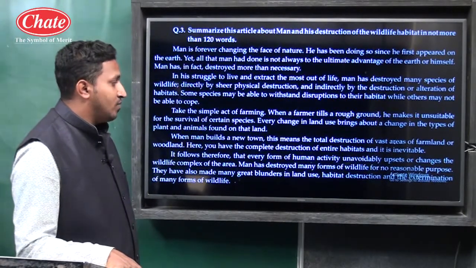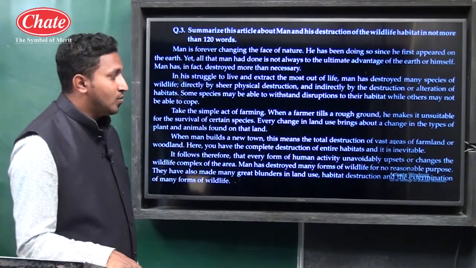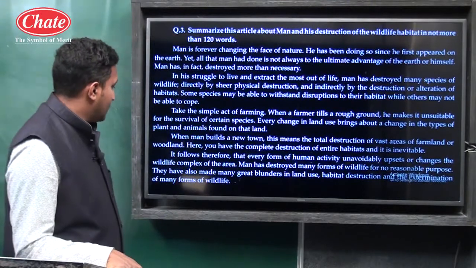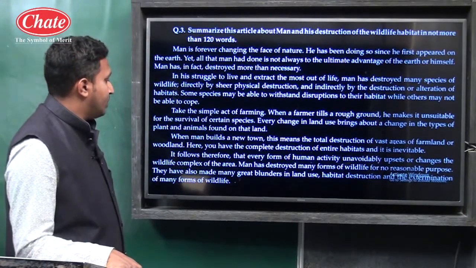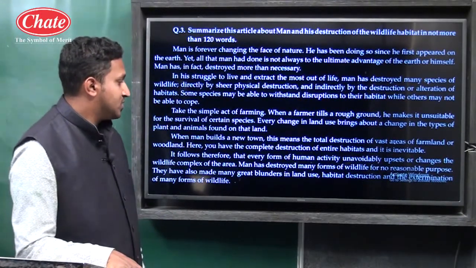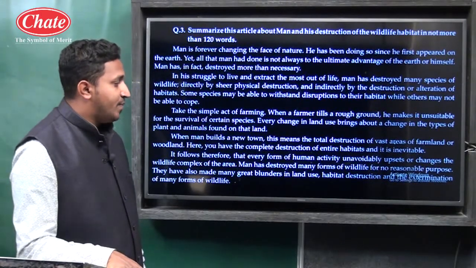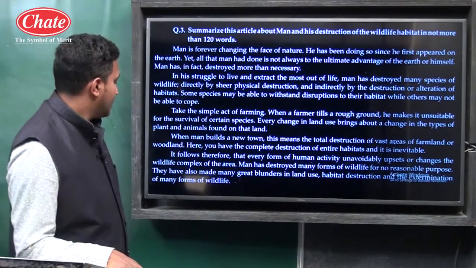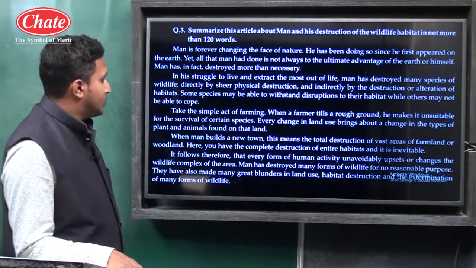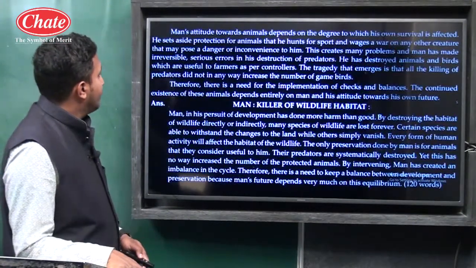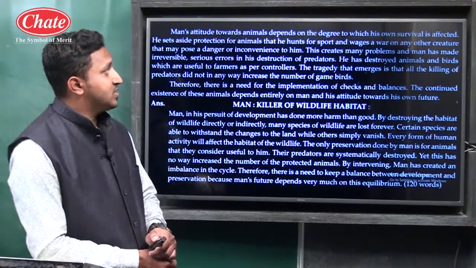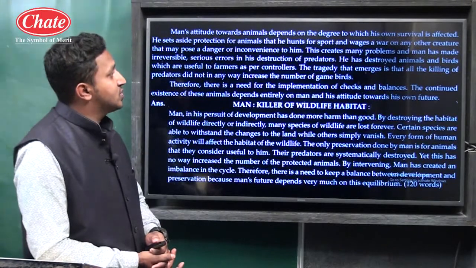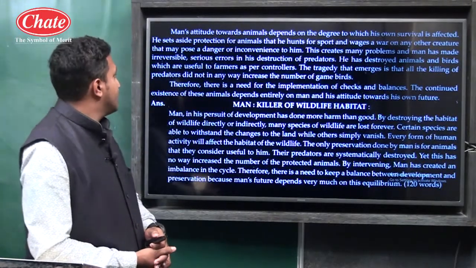Man has destroyed many forms of wildlife for no responsible purpose. They have only made many great blunders in land use, habitat destruction, and the extermination of many forms of wildlife. Man's attitude towards animals depends on the degree to which his own survival is affected.